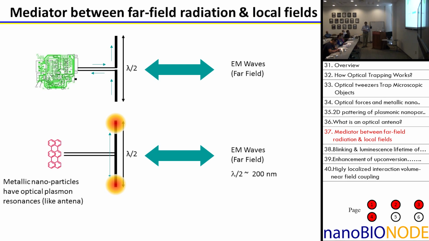Now, what we really want to do in different applications of nanoplasmonics is to be able to couple light to the different kinds of molecules of interest for us, right? And this can be, for example, a dye molecule if we are interested in having a lot of fluorescence coming from them.